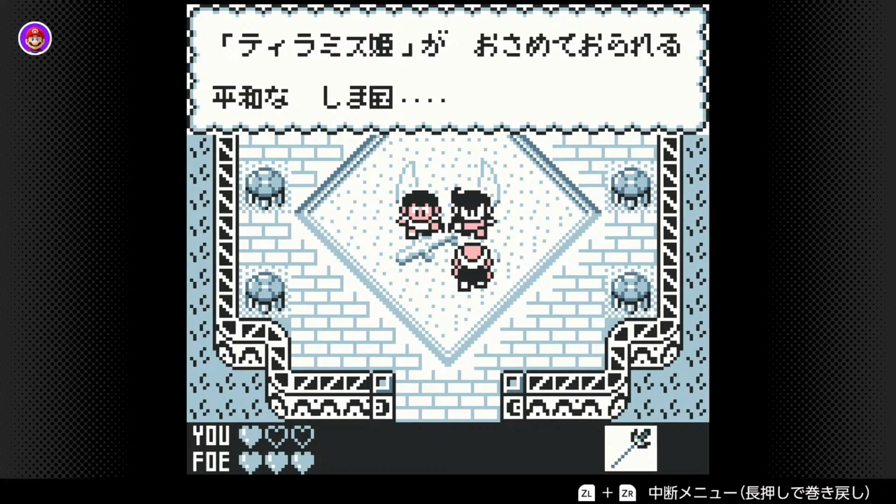Then we have osamete, first and foremost, from osameru. This one is the one with, there's another one with a different kanji, but let's ignore it for now. This one accented, osameru, means to rule, to govern, to reign over, and so on.